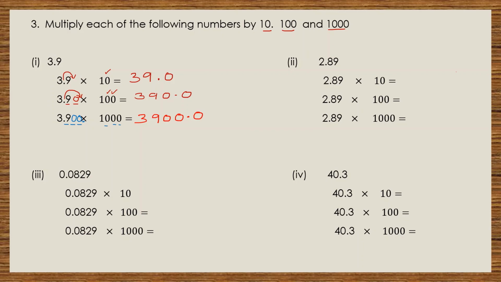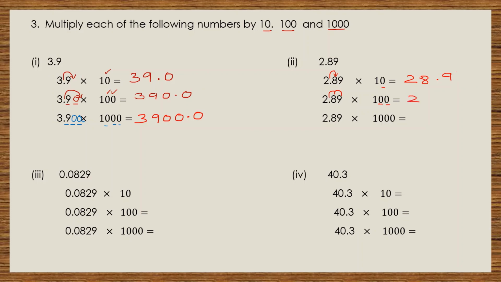2.89 into 10, 1 zero. So the point moves one place to the right. It moves from here to here. It becomes 28.9. Second part of the second question, two zeros. So the point moves two places to the right.